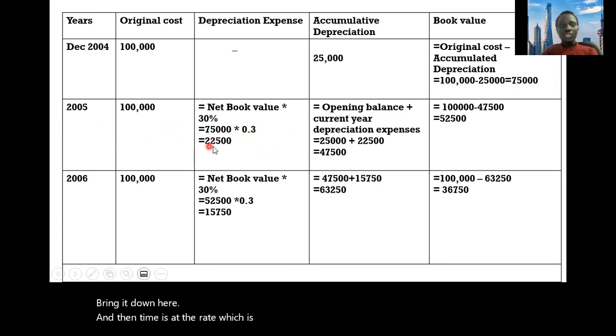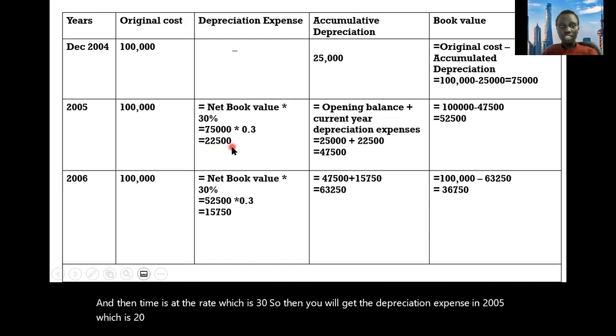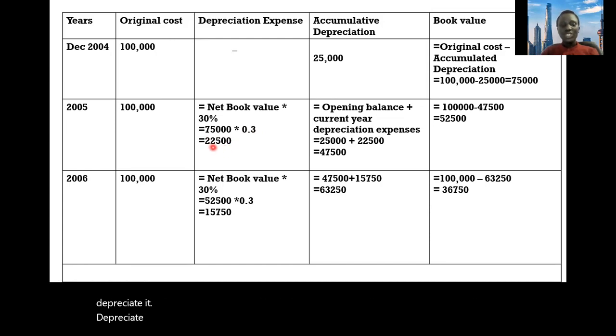Then you get the depreciation expense in 2005, which is 22,500. So when you keep that automobile for the next year, 2005, it will depreciate by 22,500.